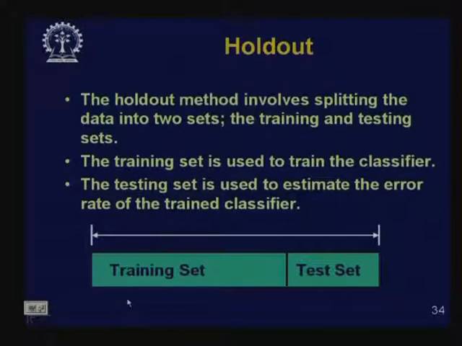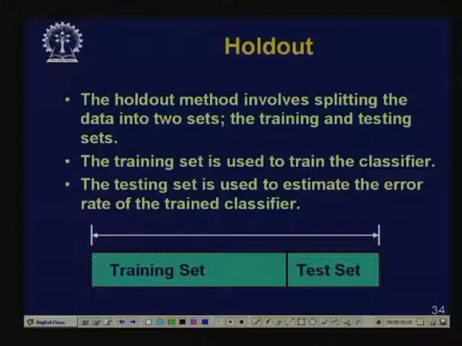Now, how are you going to properly test the accuracy of your classifier? You are given a set of examples. What you should do is that instead of using all the examples for training, you should keep aside some of the examples for testing. So, you hold out some of the examples. The total examples that you have, you divide into two sets, the training set and the test set.